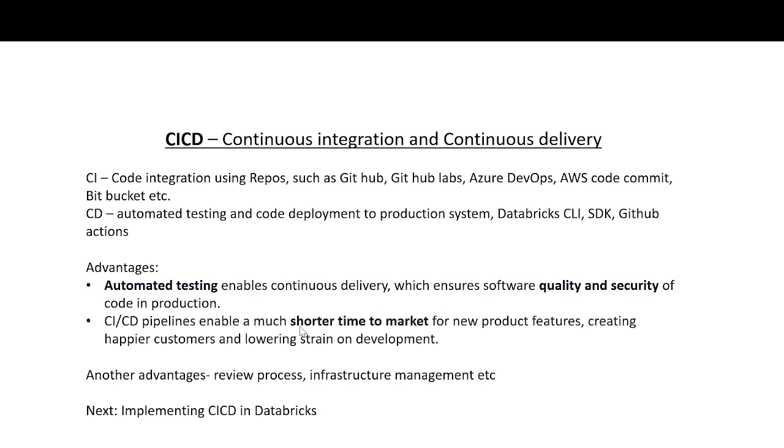It also gives us a shorter time to market, which means there is no separate production team required at all times to configure or prepare the production level packages. Once CI/CD or DevOps is configured and we raise the pull request, upon the completion of the pull request, production ready code is automatically created.